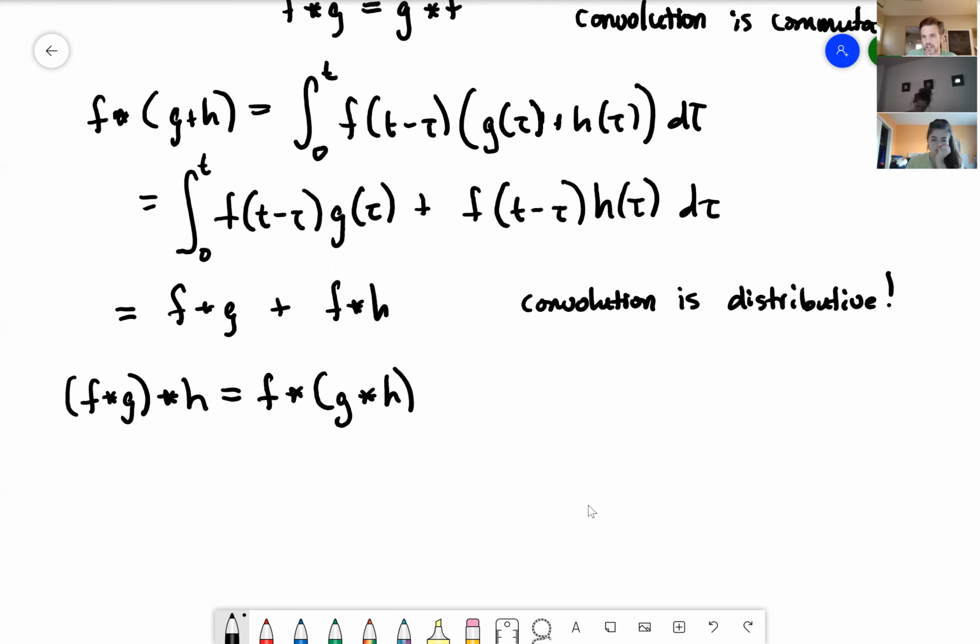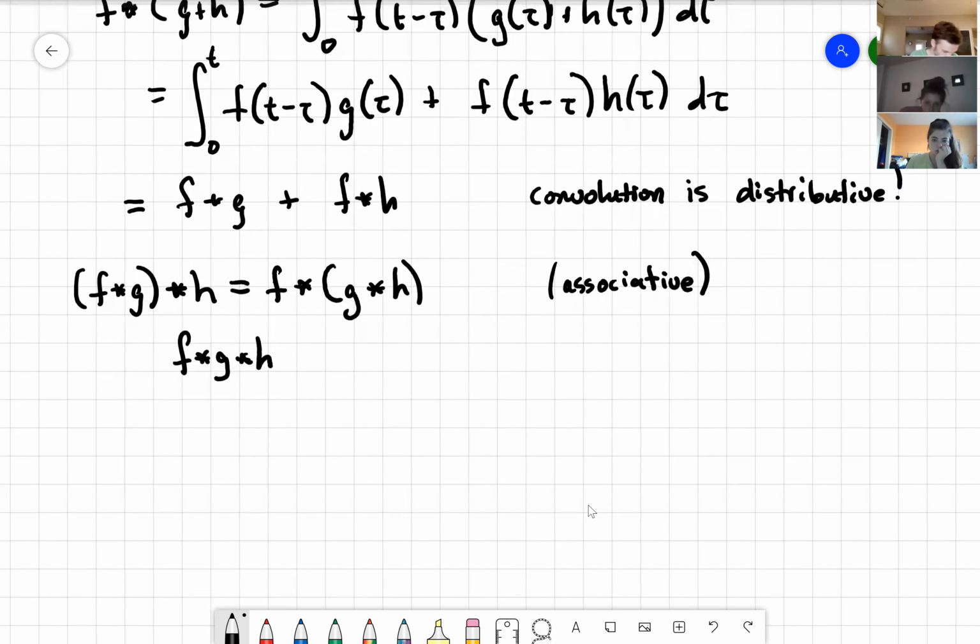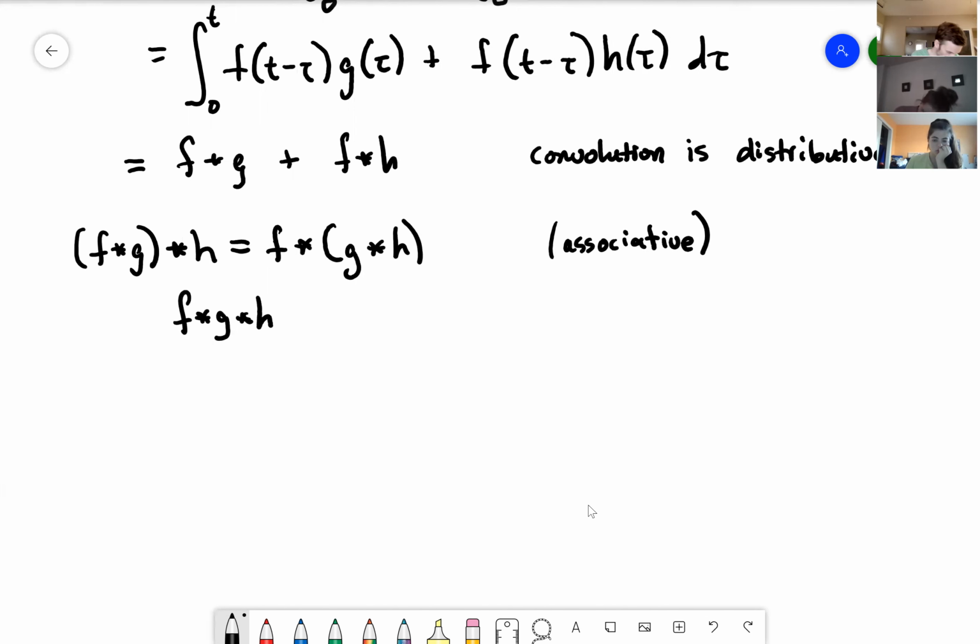I think that's occasionally talked about in the multiple integration section in Calc 3. But anyway, like multiplication, convolution is associative, and so we are justified in writing things like f star g star h, and they are well defined.